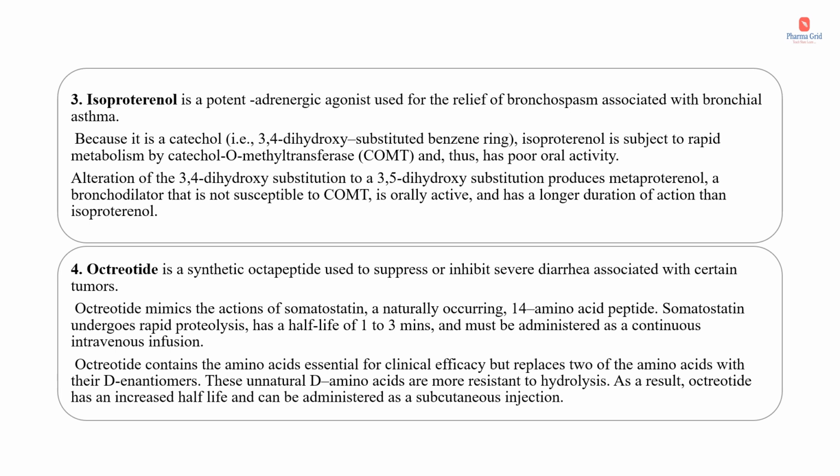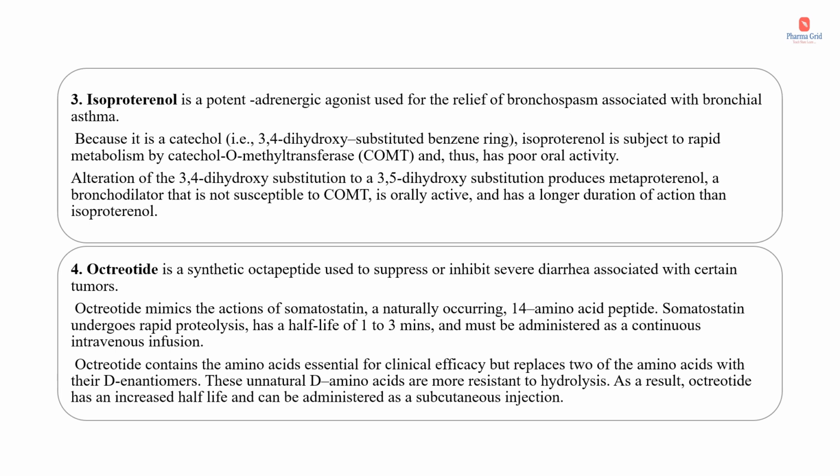Next example is the case of octreotide. It is a synthetic octapeptide used to suppress or inhibit severe diarrhea associated with certain tumors. Octreotide mimics the actions of somatostatin, which is a naturally occurring 14 amino acid peptide. Somatostatin undergoes rapid proteolysis, has a half-life of 1 to 3 minutes, and must be administered as a continuous intravenous infusion.